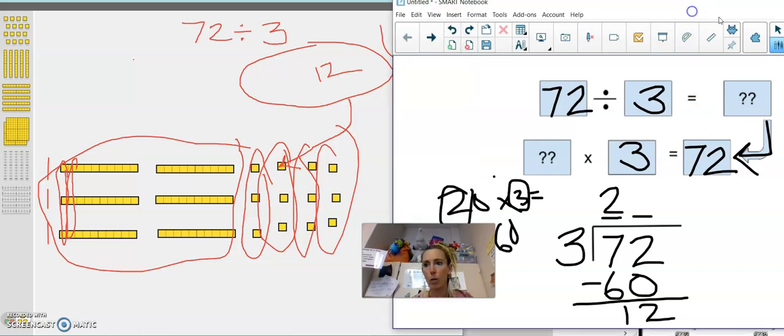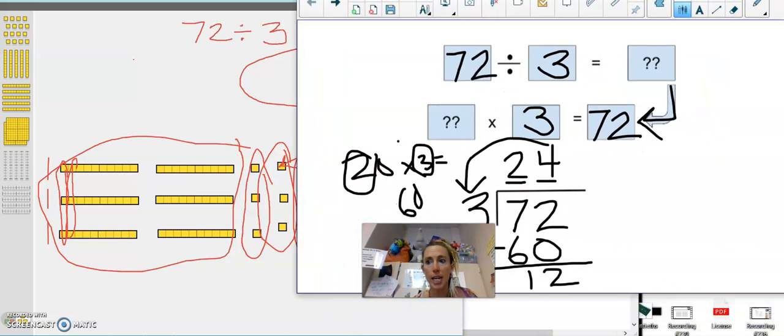So I go back over and I say, yeah, I'm able to make 4 more groups of 3, which makes a total of how many people being used? 12. So I'm going to go ahead and write that underneath.